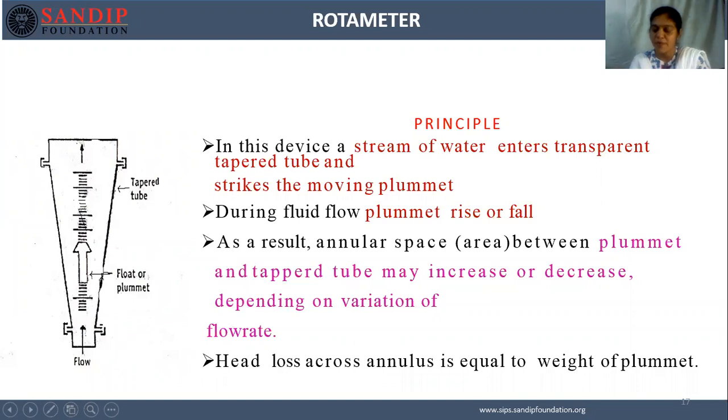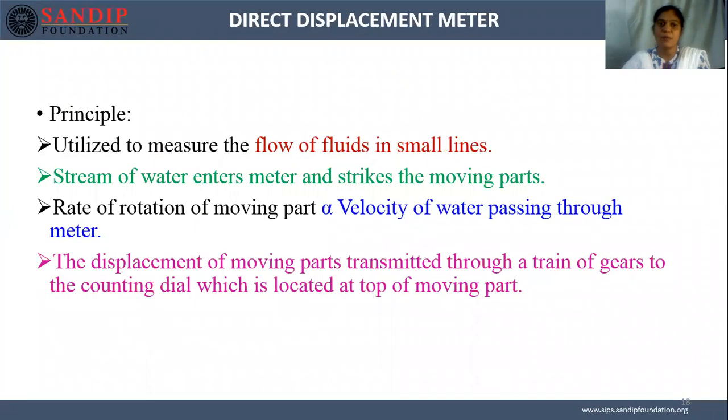The flow may be read using the upper edge of the plummet as an index. The scale is properly calibrated to the flow rate, and the readings may be transmitted for recording, then for integrating, and then for controlling. So this is all about the rotameter.